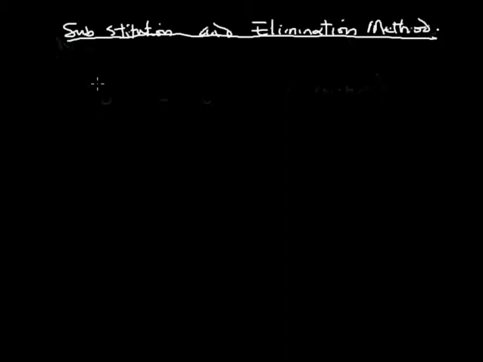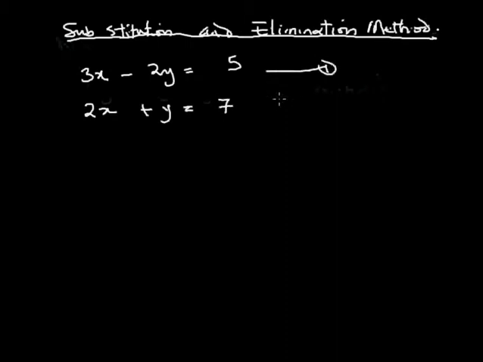Take for instance, let's have this equation: 3x minus 2y is equal to 5, and you have another equation: 2x plus y is equal to 7. Now we have equation 1 and equation 2.